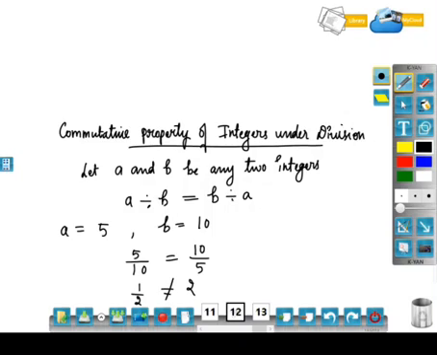Take any two numbers a and b. According to the commutative property, a by b should be equal to b by a. On putting some values for a and b, we are not going to get equal answers. Your left hand side will be different and your right hand side will also be different. We'll be getting different answers. So that's why integers are not commutative under division.